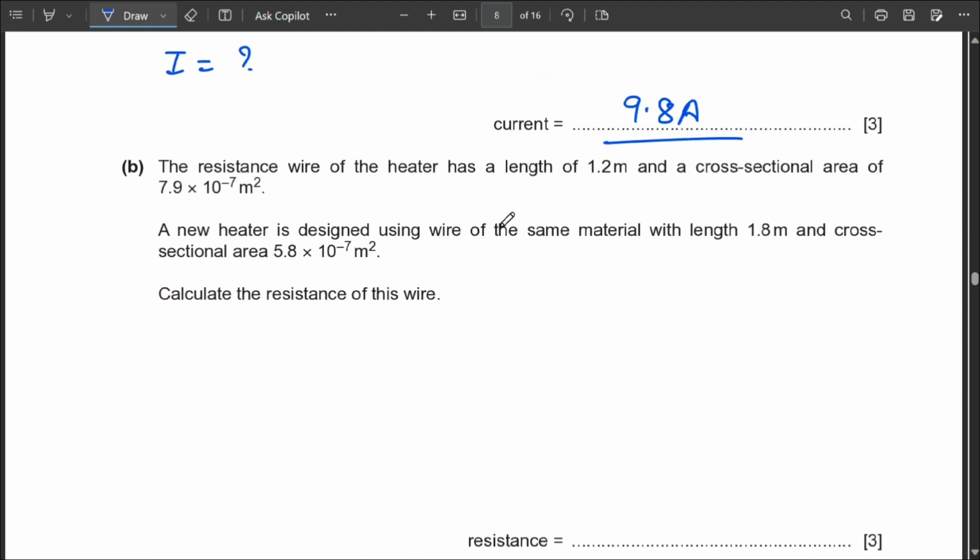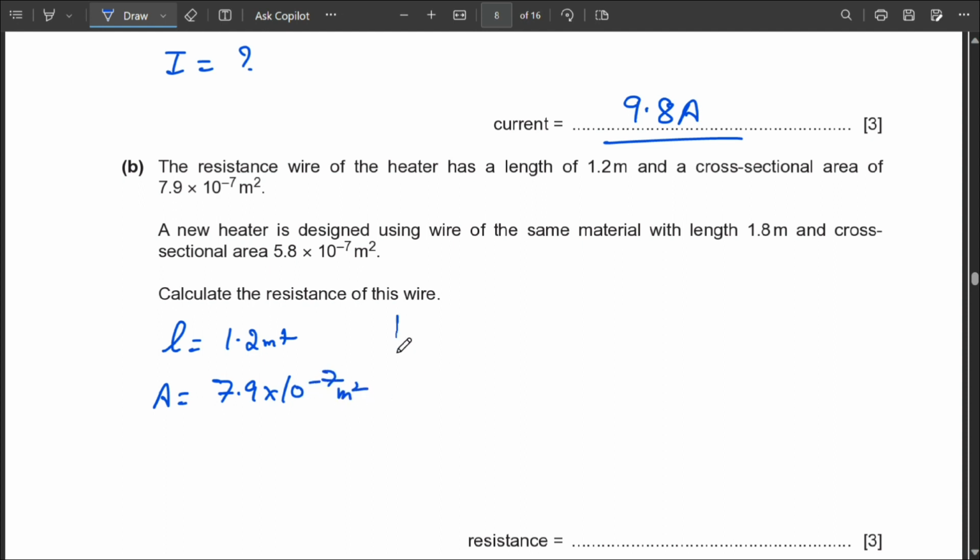Now the resistance is the B part. The wire of the heater has a length of 1.2 meter. Let's write it over here. Length is 1.2 meter, and the cross-sectional area is 7.9 into 10 to the power minus 7 meter square.